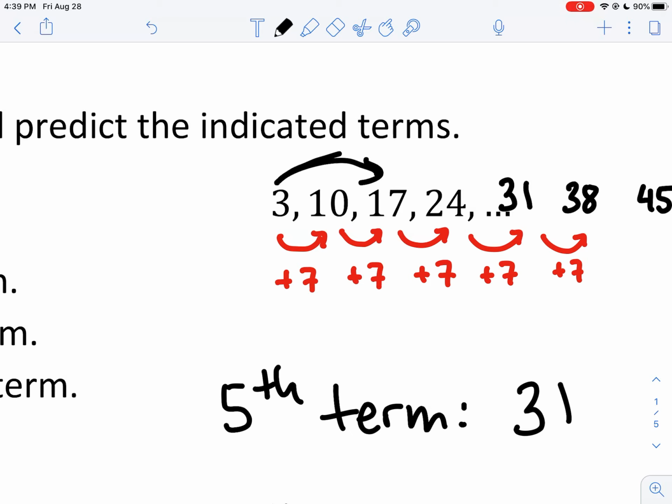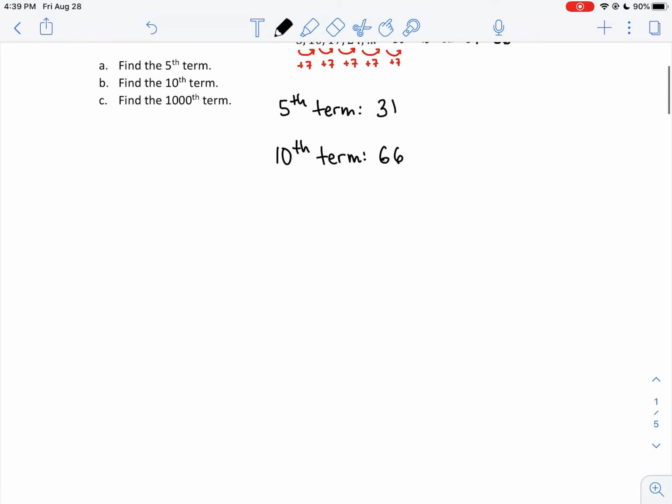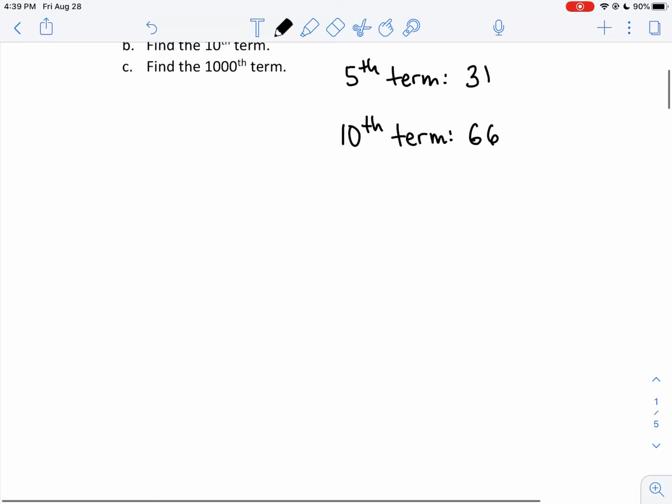To start at the 3 and go to the 24, I'd have to add 3 7s. Okay, so maybe this is a new way we could do this. Always starting at 3 and just trying to count how many 7s I need to add to get to whatever term I'm looking for. So I'm going to come down here and make a list.